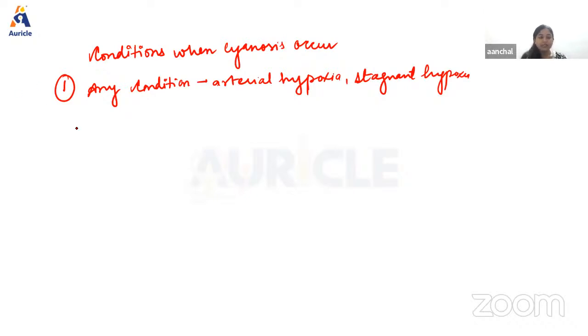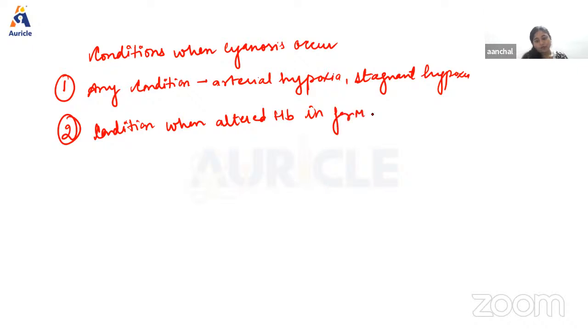Another thing is that it also occurs in the condition when altered hemoglobin is formed. Due to poisoning, hemoglobin is altered into methemoglobin or sulfhemoglobin, which causes cyanosis.